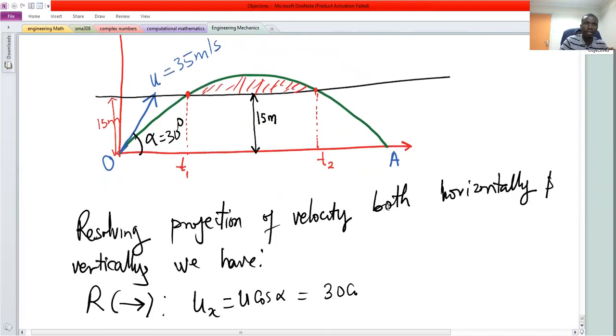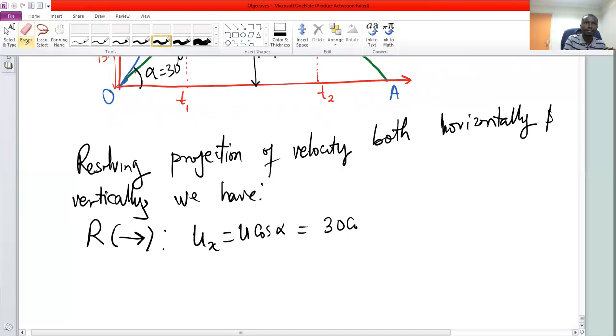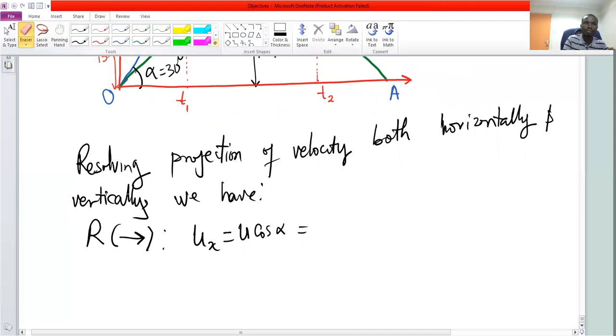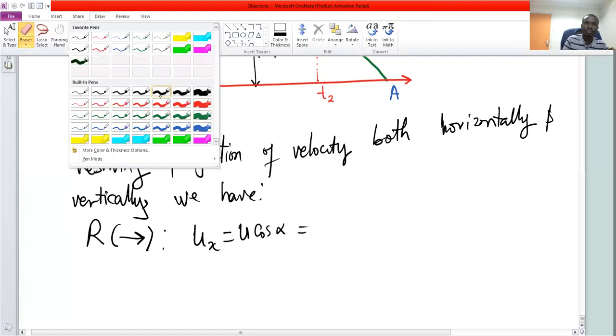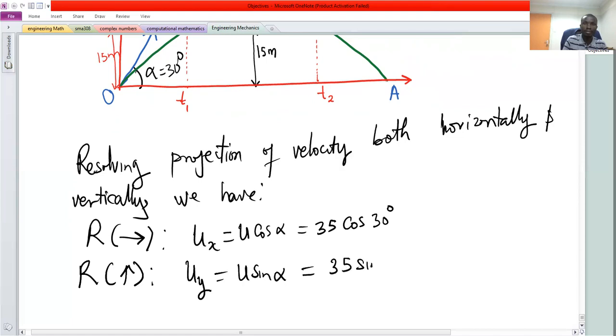The u is 35, so 35 cos 30 degrees. And then the vertical is uy equals u sin alpha, which is 35 sin 30 degrees.